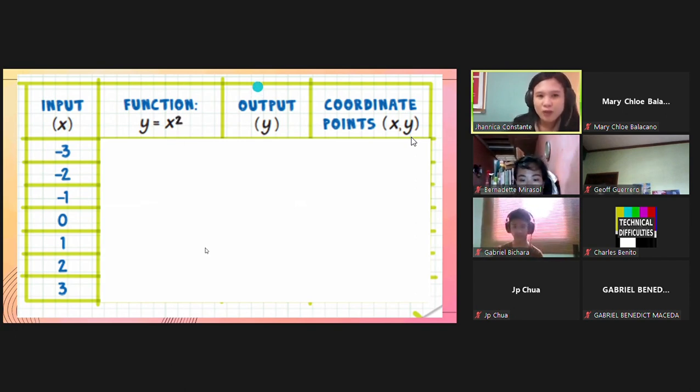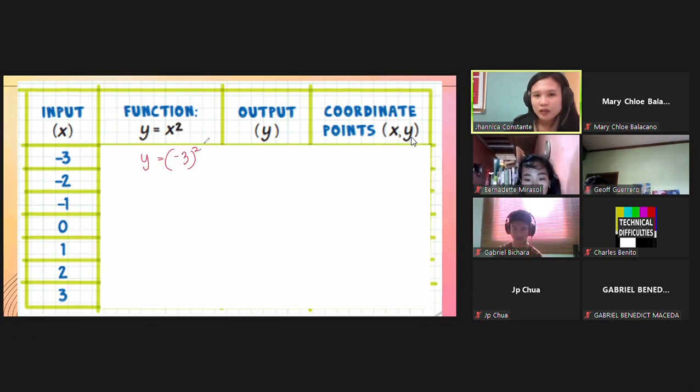So you have y equals negative 3 squared, and the output, or the value of y, is equal to positive 9. And the coordinate of our function is negative 3 and positive 9. That's how we solve for the output and the coordinate of our nonlinear function.